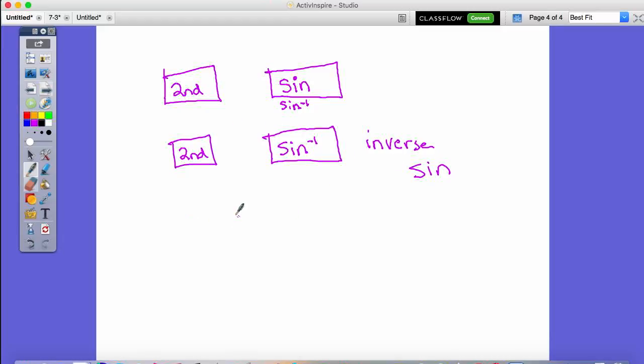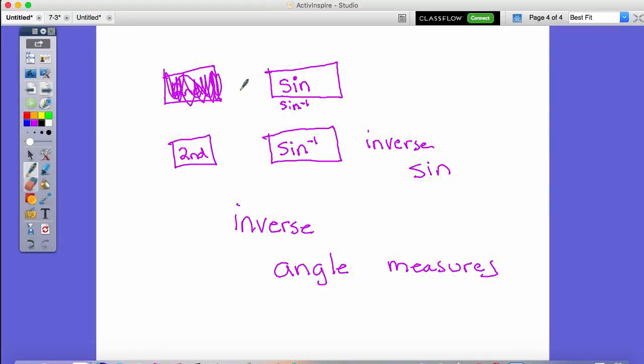You use inverse sines, cosines, and tangents when you want to find angle measures. You're going to use the regular without the second button when you want to find side lengths, which we will get into in another lesson.